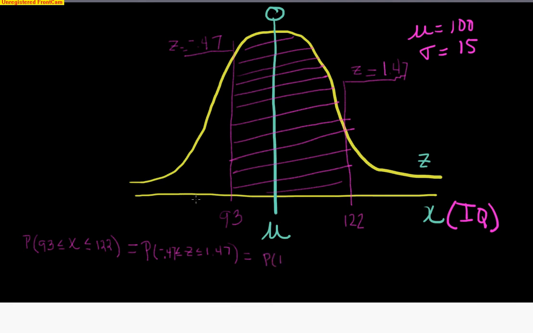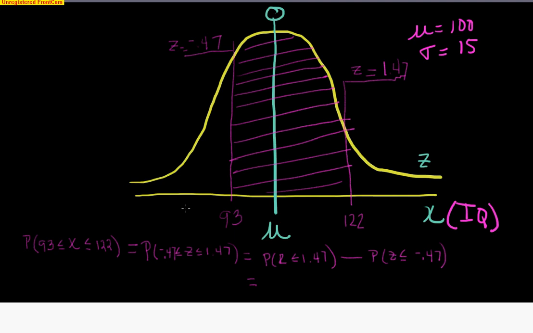And that could also equal the probability of z being less than or equal to 1.47, minus the probability that z would be less than or equal to negative 0.47. Let's take a look at why that is. We looked it up before.